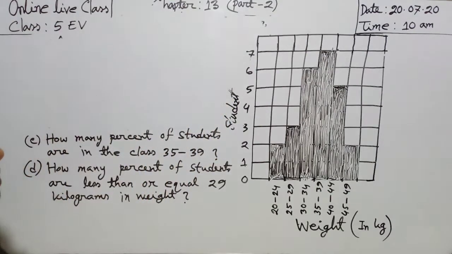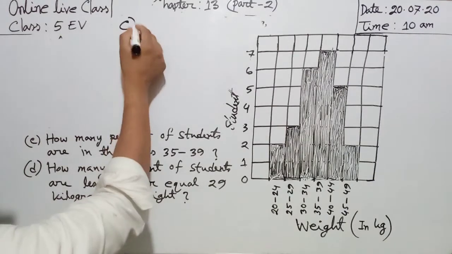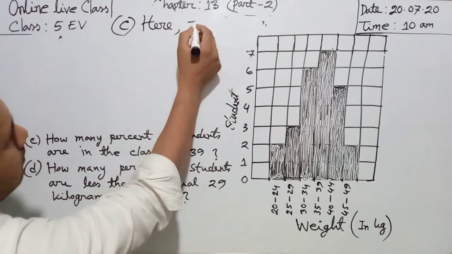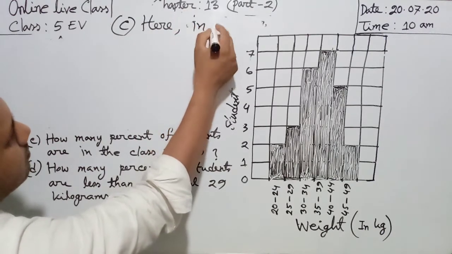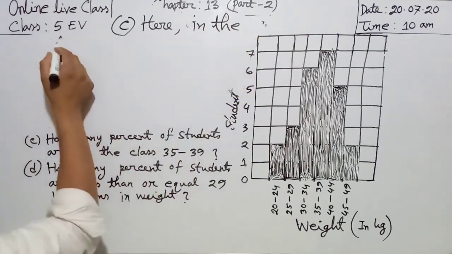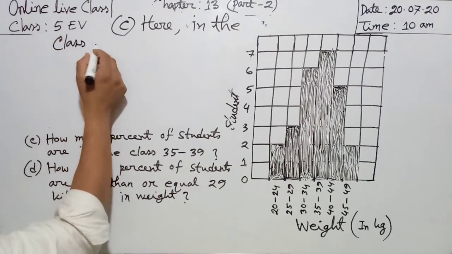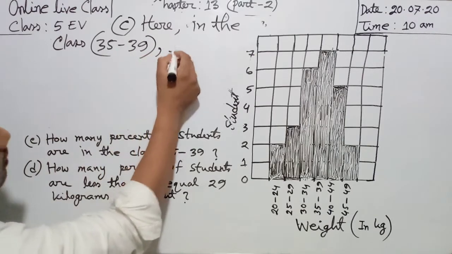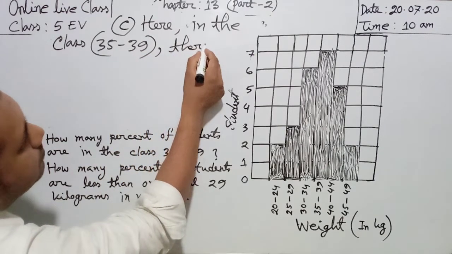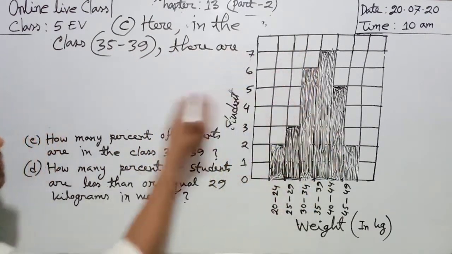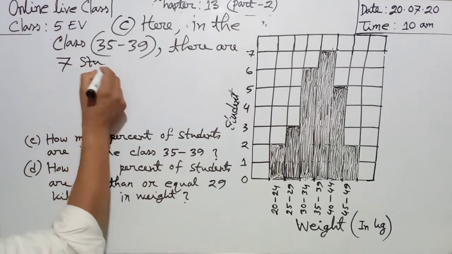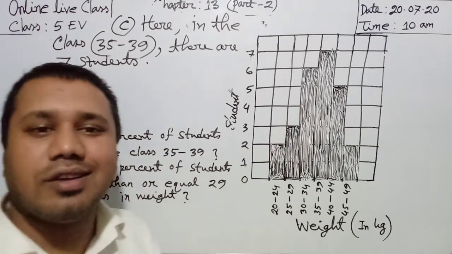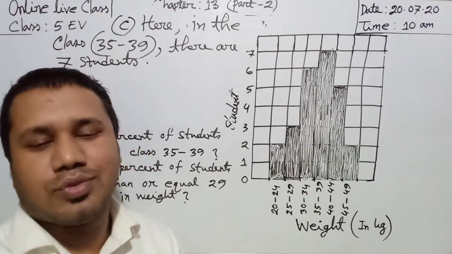So, dear students, C number, at first we can write here, in the class 35 to 39, there are how many students? 7 students. So in the class 35 to 39, there are 7 students.